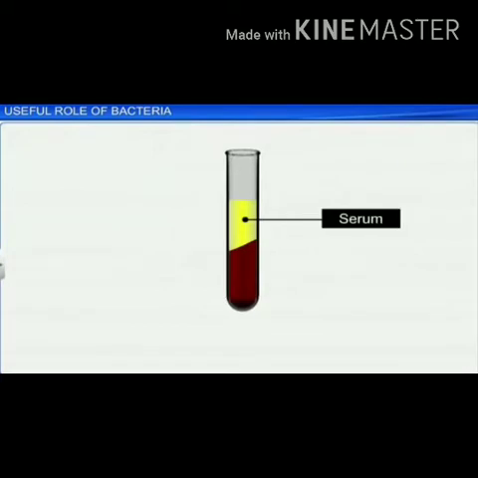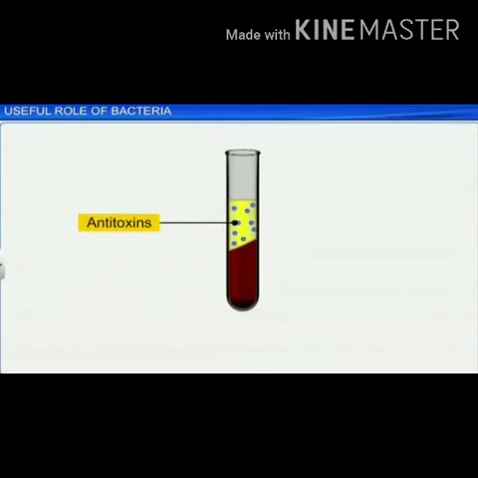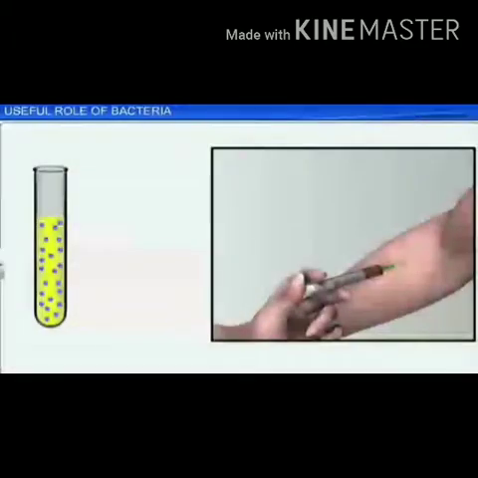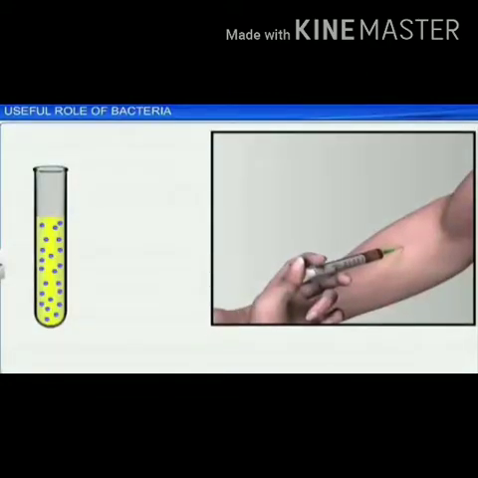It is made of chemical substances like the antitoxins or antibodies of a specific pathogen and is used as a preventive measure to activate the immune system against a specific disease. The method of preparing a serum is quite unique and interesting.